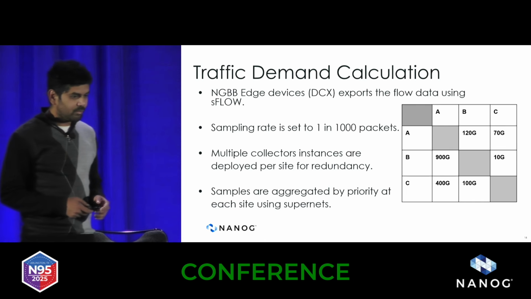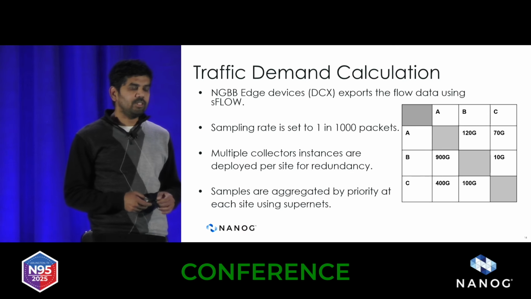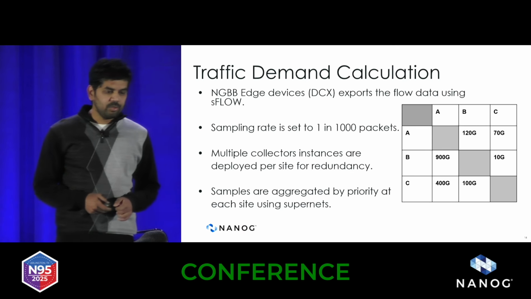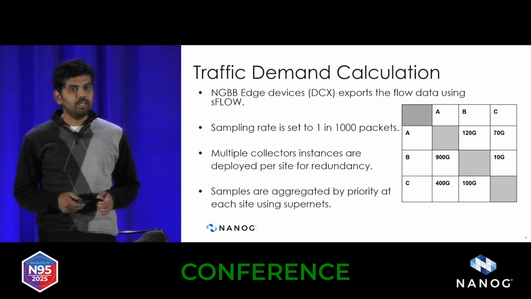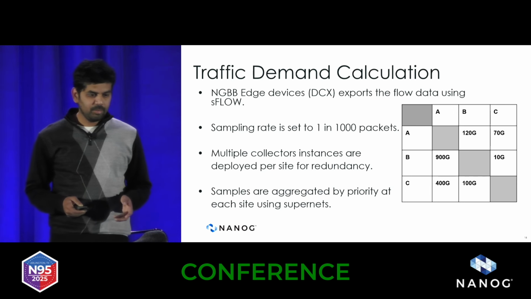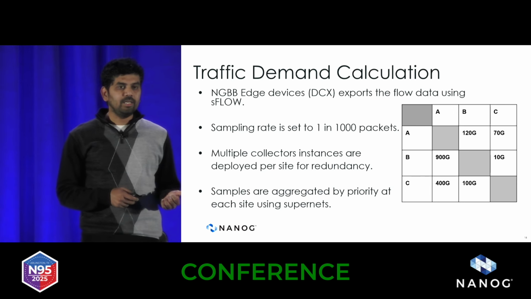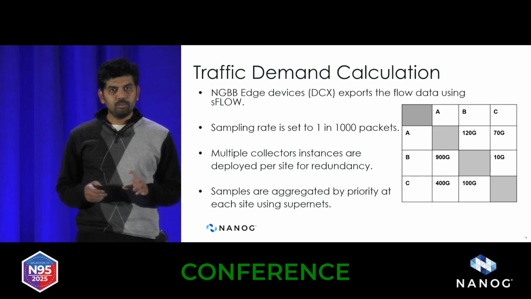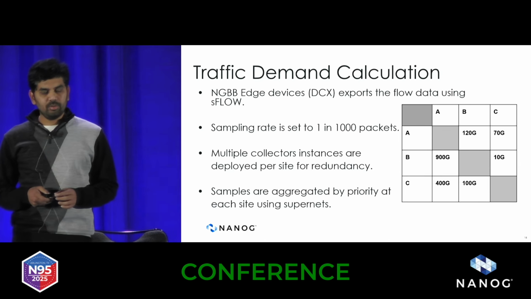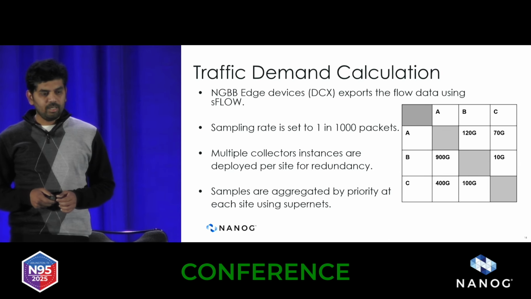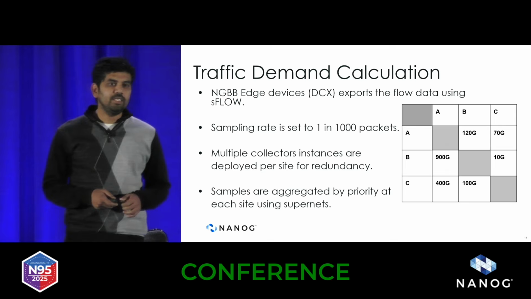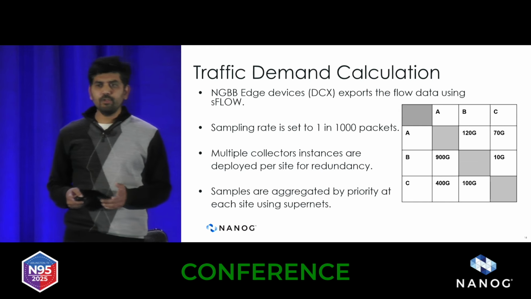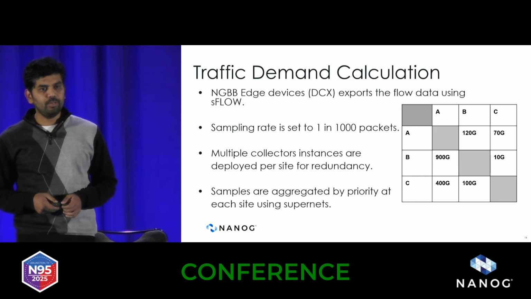Let's talk about traffic demand calculation for a bit. We use sFlow on all of our NGBB edge devices. If you remember the NGBB architecture diagram, those red round boxes are the edge devices. We call them DCX. We use the sFlow protocol to export flow data from the routers.